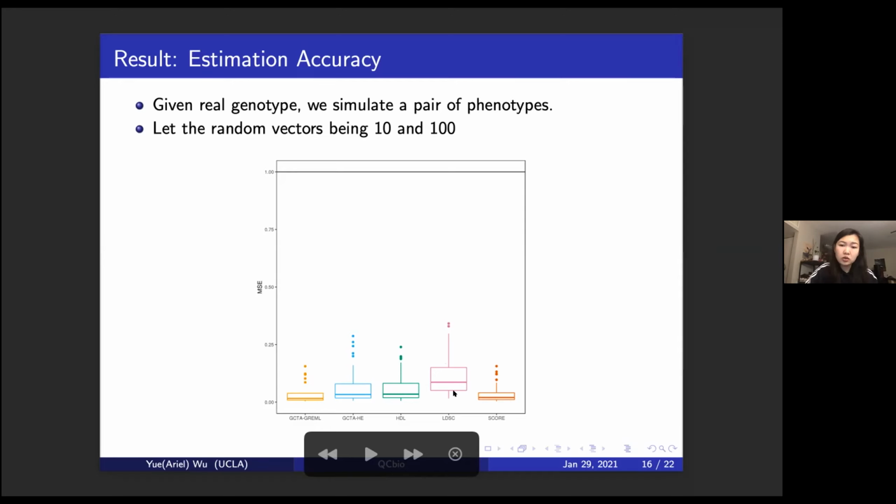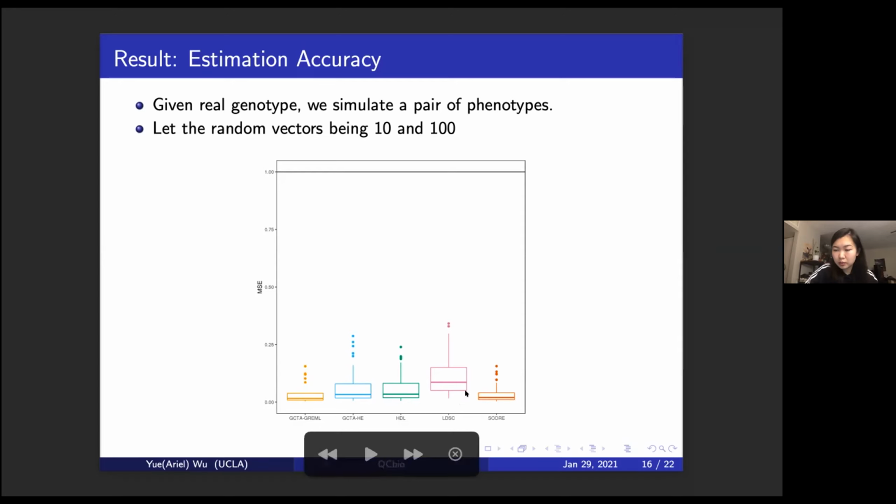The good thing about summary stats methods is that summary stats can be considered as a function of the effect sizes, so we could directly use summary stats to estimate without using the genotype data.